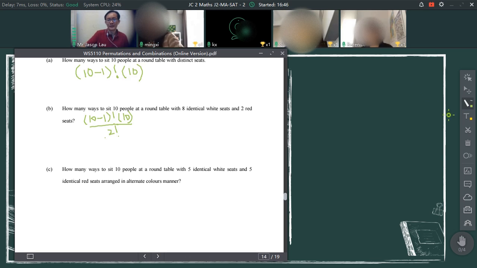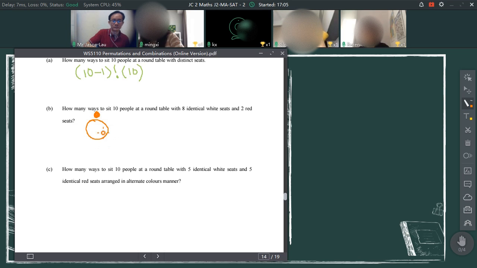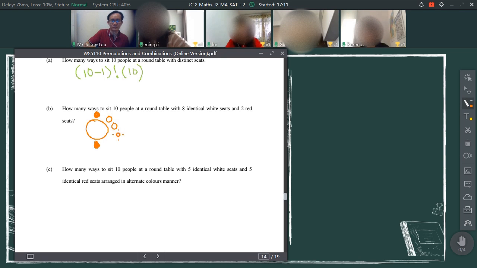Okay, I just draw the pattern, then you see. Actually, this question is ambiguous, because we don't know how the white seats are arranged with the red seats. So there are two ways to do it. One is this. These are the red seats, then the rest are white seats.